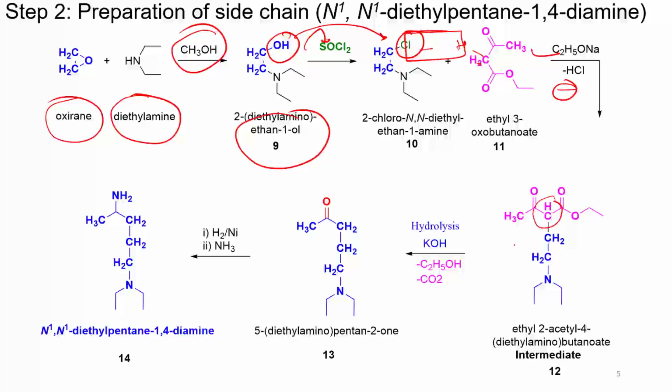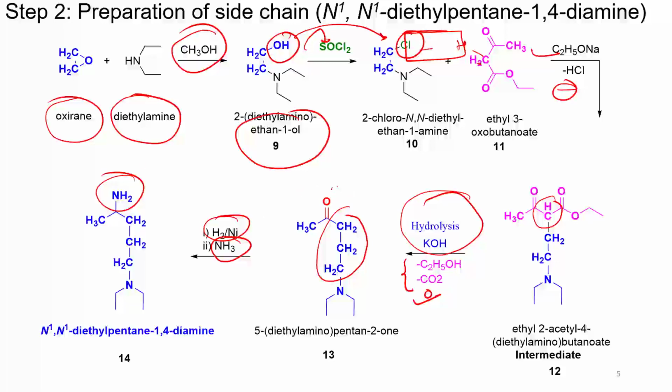Then hydrolysis in the presence of KOH gives this pentan-2-one compound after removal of C2H5OH and CO2. Again, treatment with H2 and Raney nickel and liquid ammonia, the C double bond O is replaced by NH2, and finally we get our side chain compound.